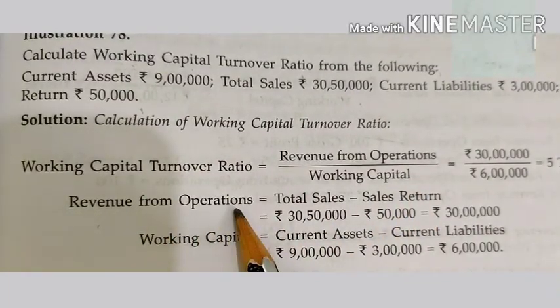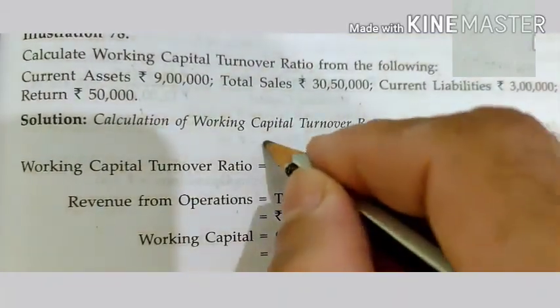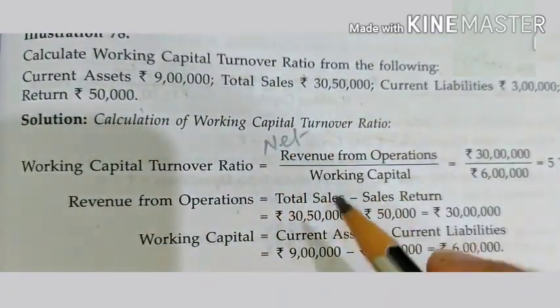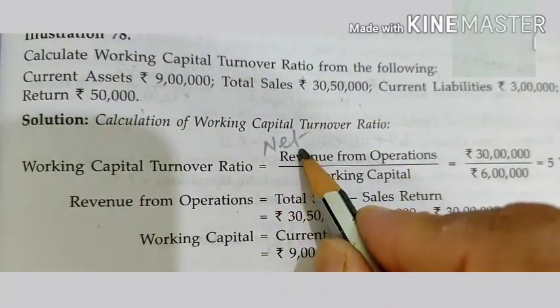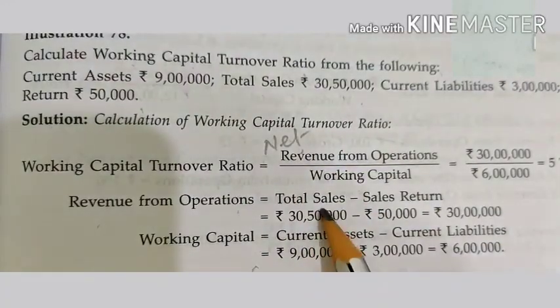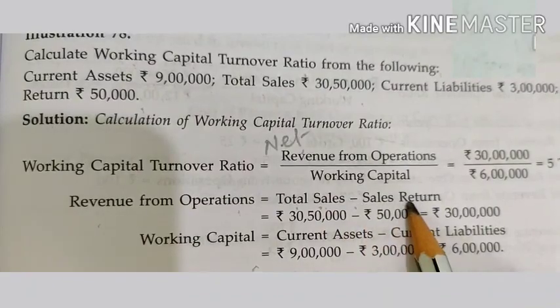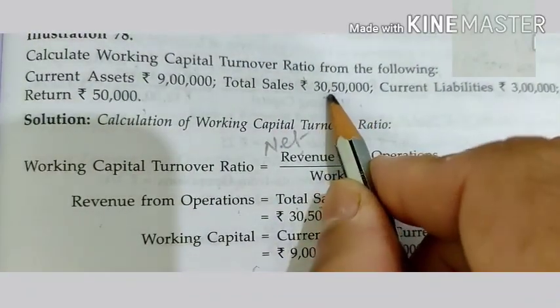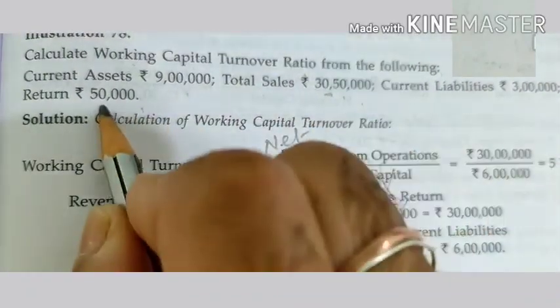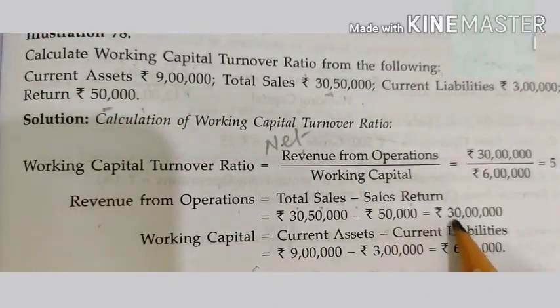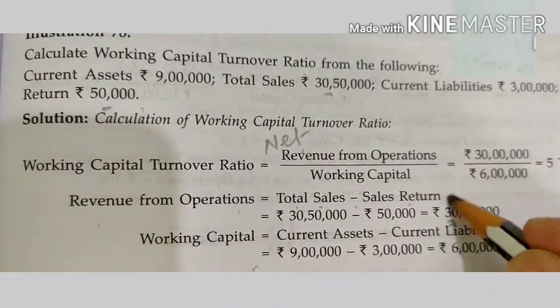Revenue from operations, we need to find out the net revenue. Net means minus sales return. So here we have total sales minus sales return. 30 lakhs 50,000 minus return 50,000. So here you have the value 30 lakhs which goes up here.